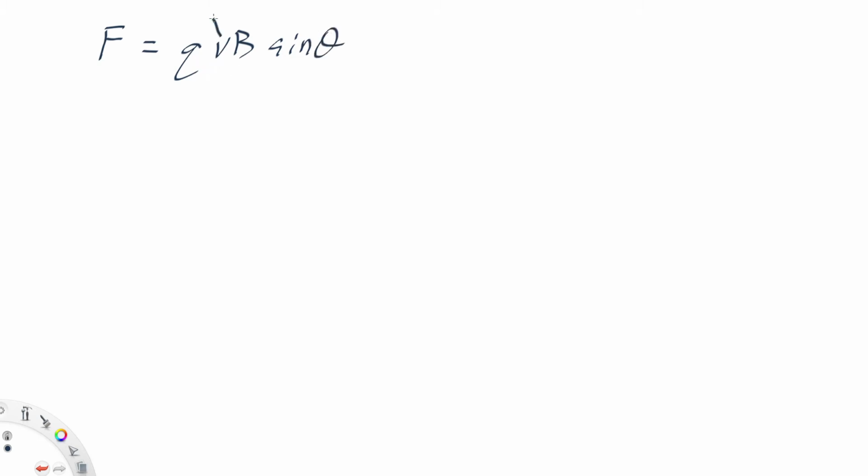This velocity, though, is like delta x over delta t, right? That's what we mean by velocity. So what if we took this delta t? Well, it was like q delta x over delta t times B. So is that still the drift velocity? Yeah. Okay.